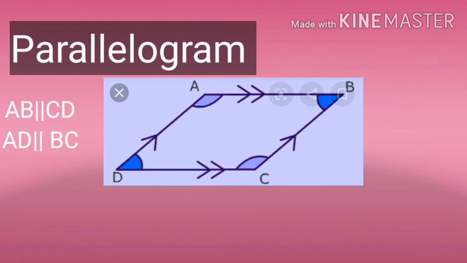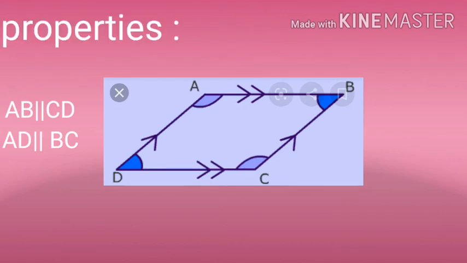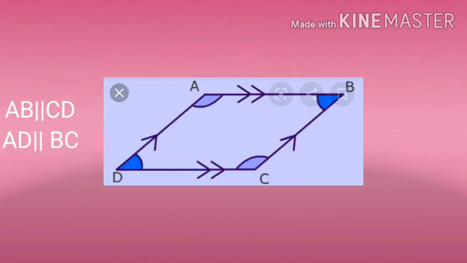Coming to the properties of a parallelogram: the first point is that opposite sides are parallel. Next, opposite sides are of equal length. Here AB is equal to CD and AD is equal to BC. At the same time, these opposite sides are parallel and also equal in length.